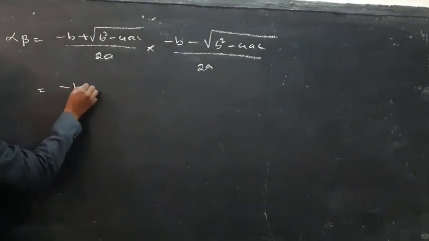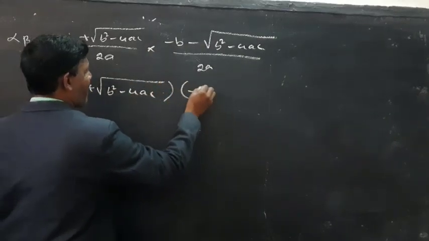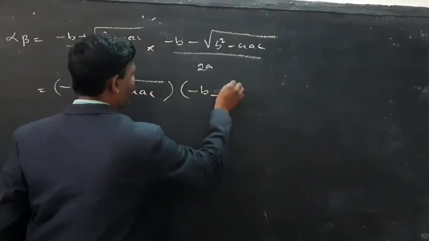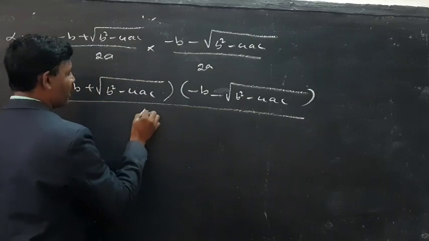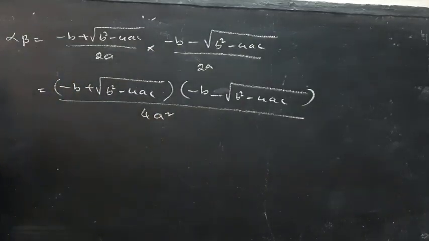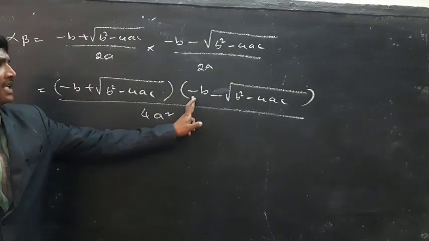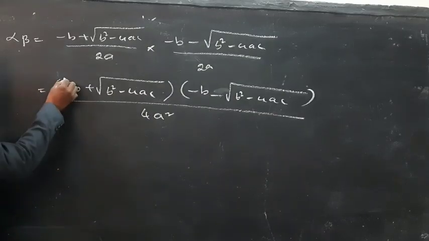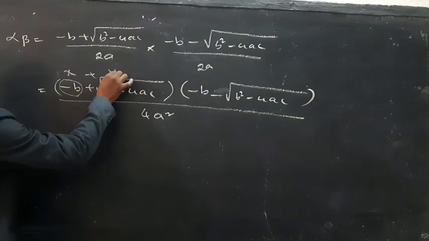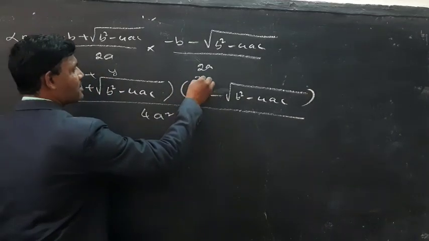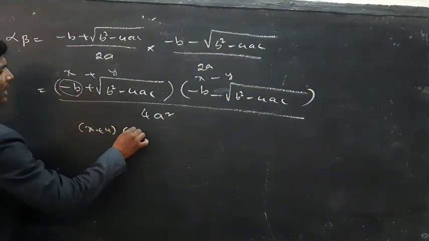The numerator is minus b plus under root of b square minus 4ac, into minus b minus under root of b square minus 4ac, and the denominator is 2a into 2a, which is 4a square. Clearly observe here: take this place as x plus this one as y. So here it is x minus y, which is in the form of x plus y into x minus y.